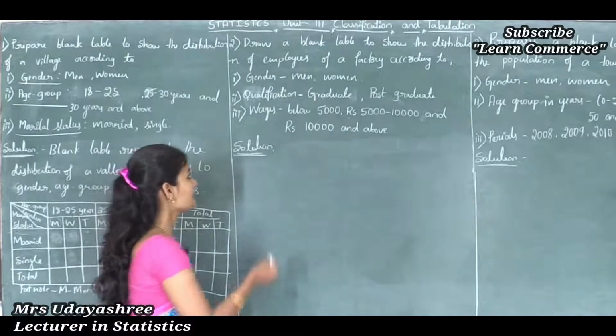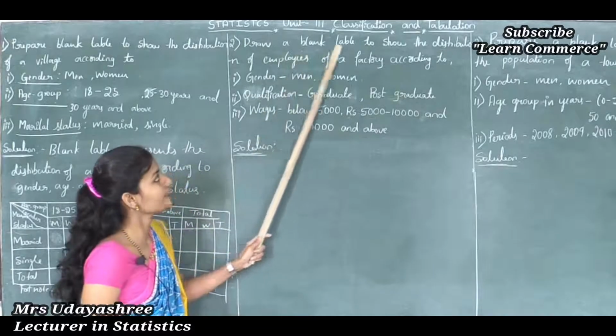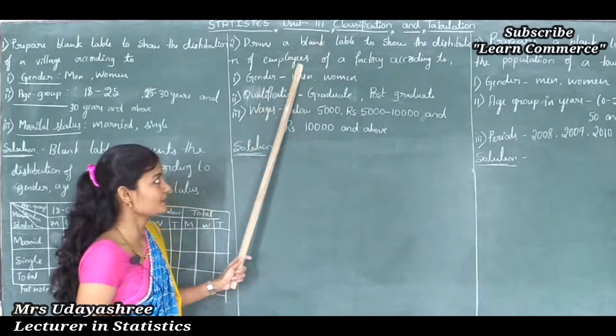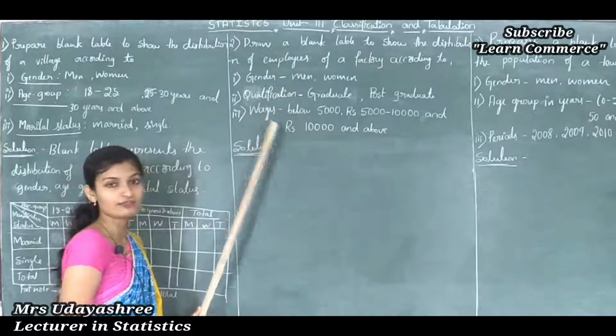First, let's see how to write the title. See the question: draw a blank table to show the distribution of employees of a factory according to gender, qualification and wages.